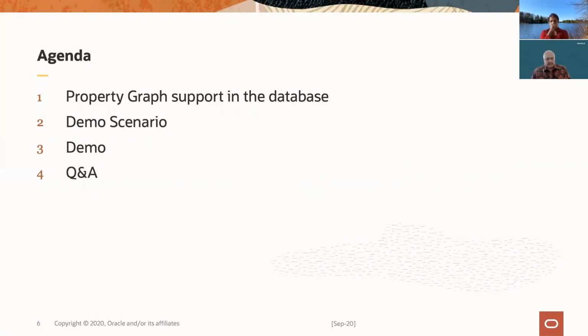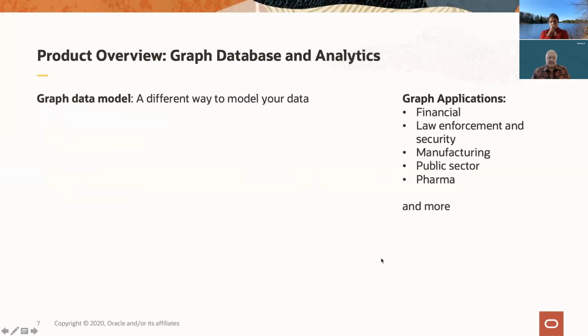And then I'll once again go through the demo steps, exactly what steps are being followed, and what is using which technology. So what's using label security and what is using property graph. And then Q&A, as Melly said, you can ask in the chat, and we'll also have some dedicated time at the end. So first, let's start with what the property graph support in the database is.